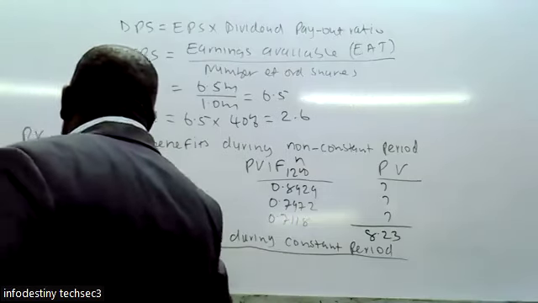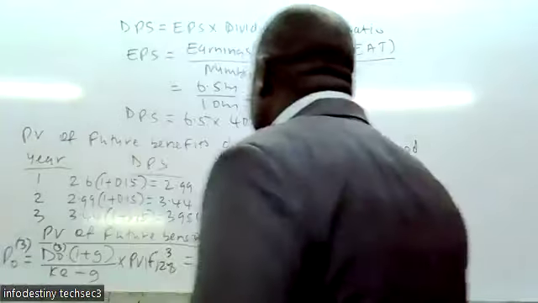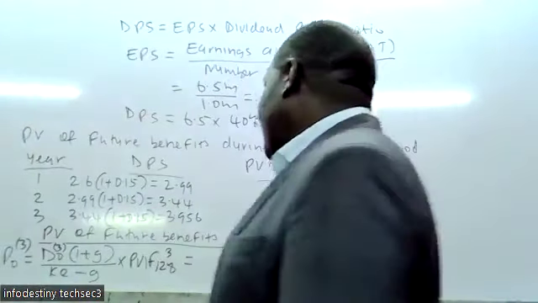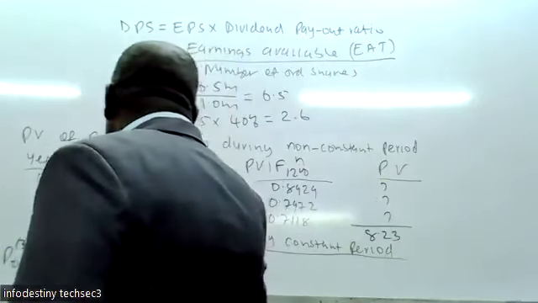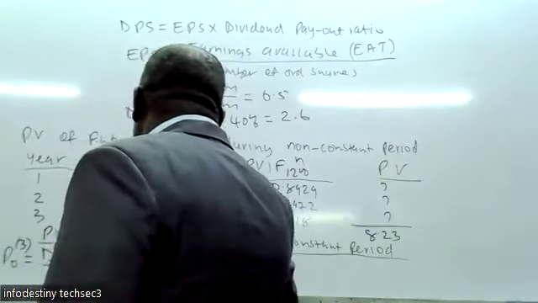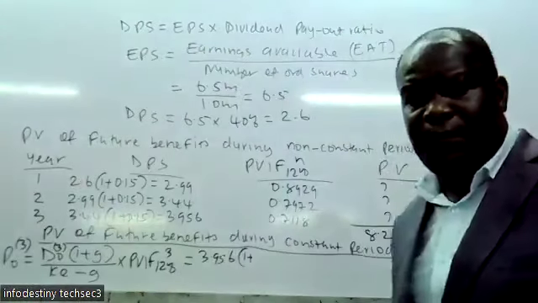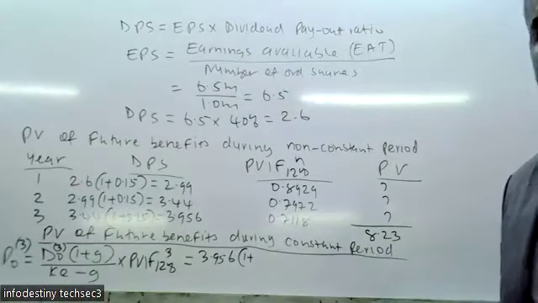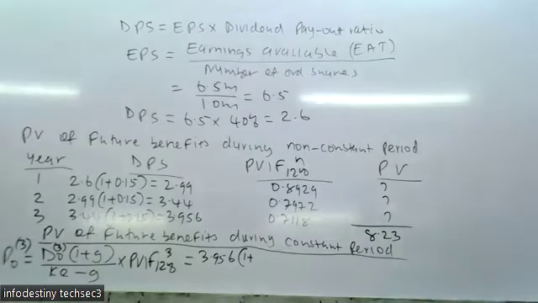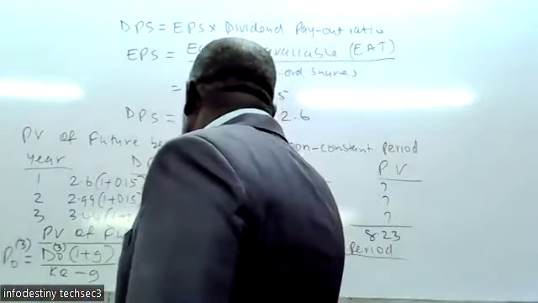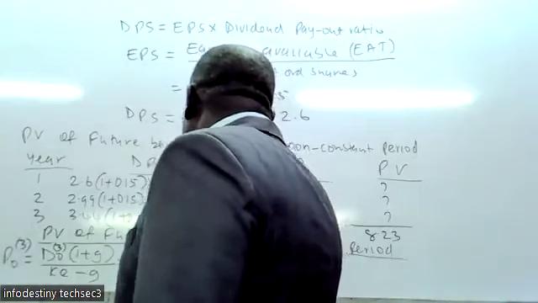12% in year 3. So D0 is our dividend in year 3, which is 3.956. They have said that thereafter it will grow at what rate? 8% up to perpetuity, so 8% is the same as 0.08.